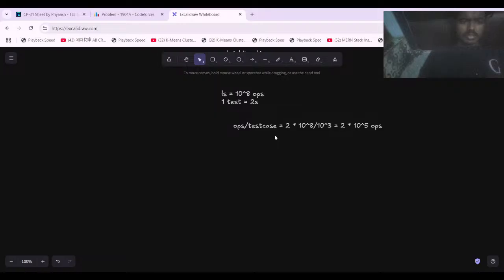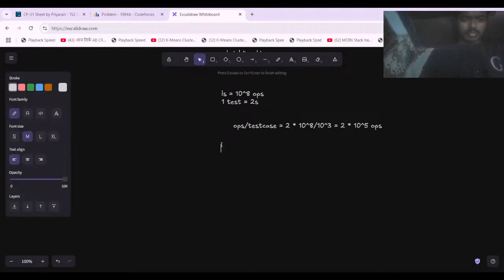If let's say my solution is dependent on any of the factors, because all the variables are in 10 raised to the power 8, let's just say it depends on any one variable, maybe A, up to 10 to the 8.